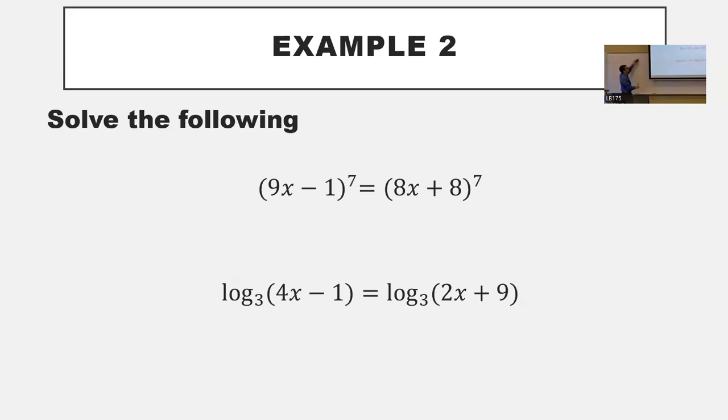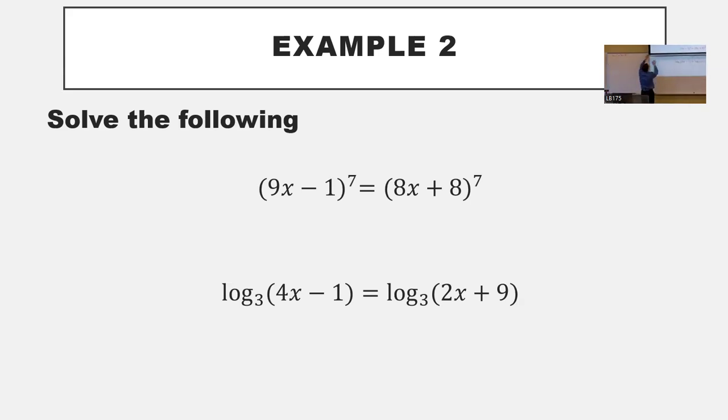Here we have 9x minus 1 in parentheses raised to the 7th power set equal to 8x plus 8 raised to the 7th power. Well, let me write the other one down too before I get over my skis.